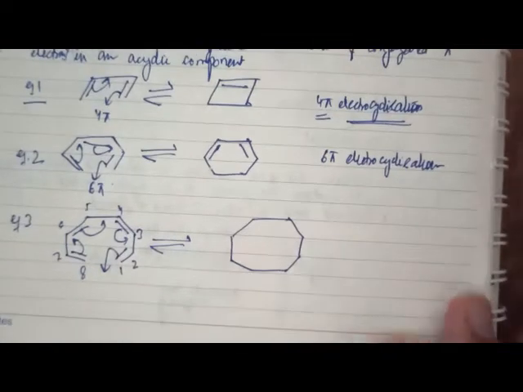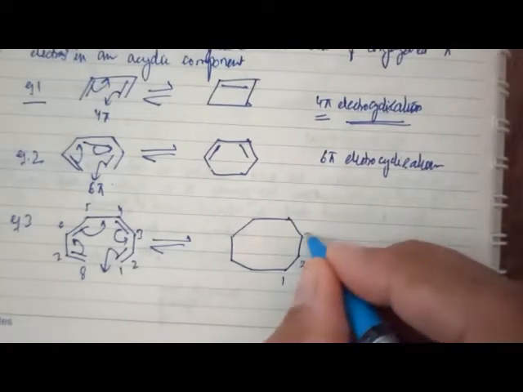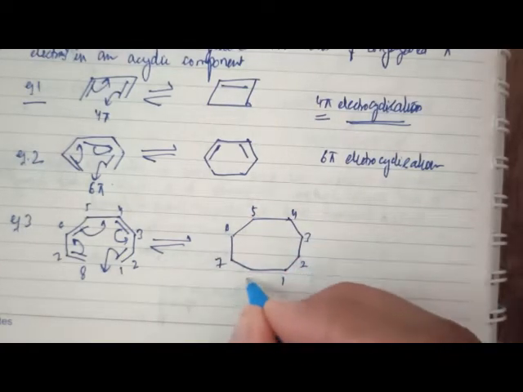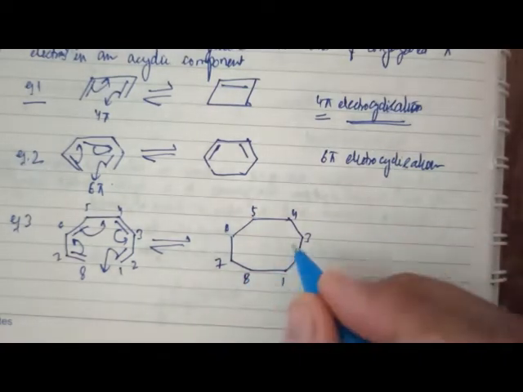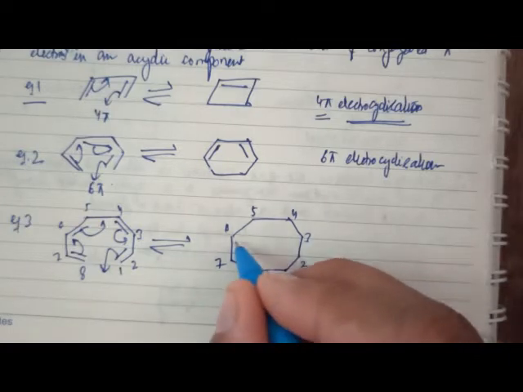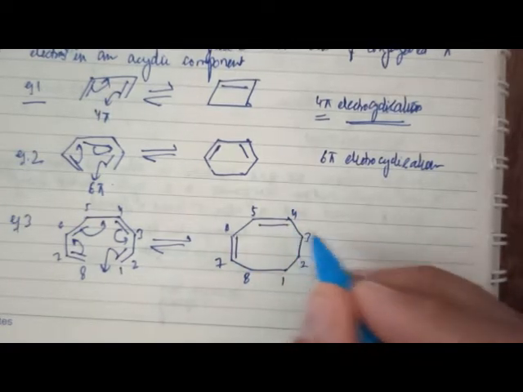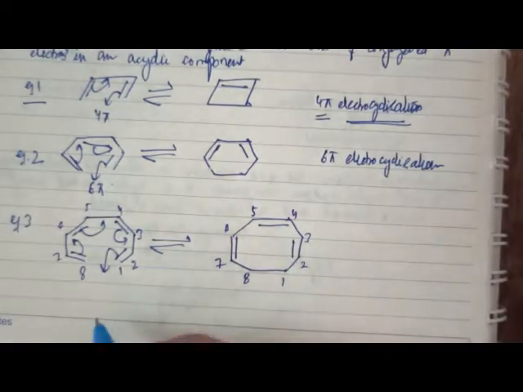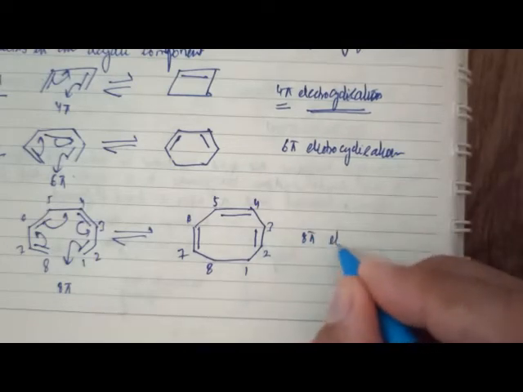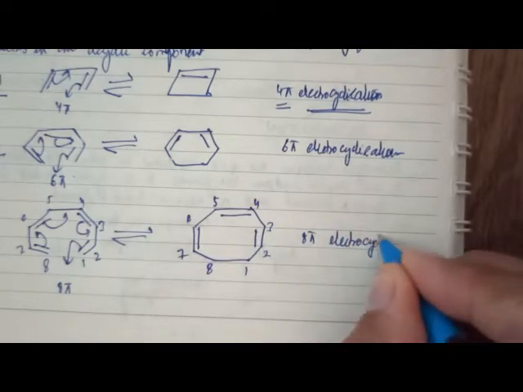I'll recommend you number each and every system. Forget about the IUPAC numbering if you're not naming the molecule in the IUPAC way. So the 1-2 double bond goes to a 1 and 8 single bond, 7-8 goes to 6 and 7, 5 and 6 goes to 4 and 5, 3 and 4 goes to 2 and 3. This was an 8 pi electron system. I'll call this reaction 8 pi electrocyclization.